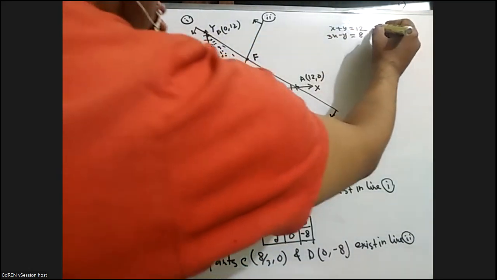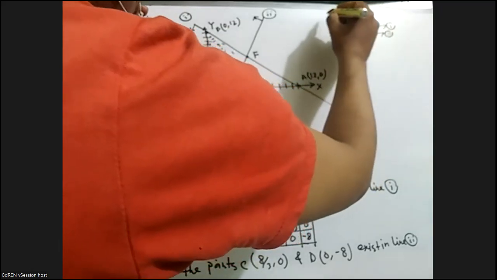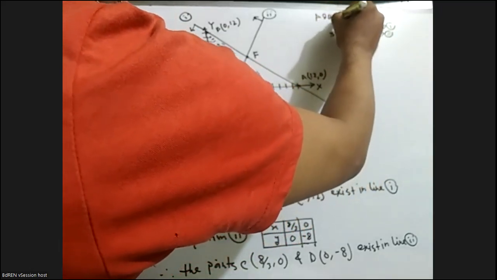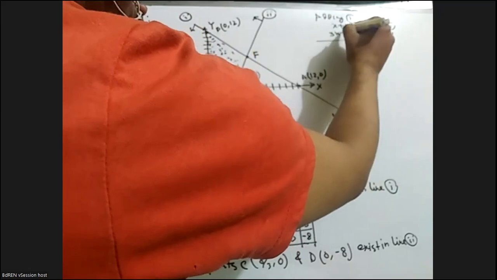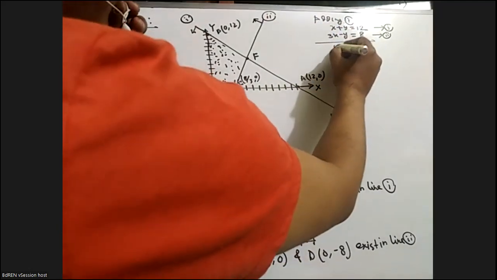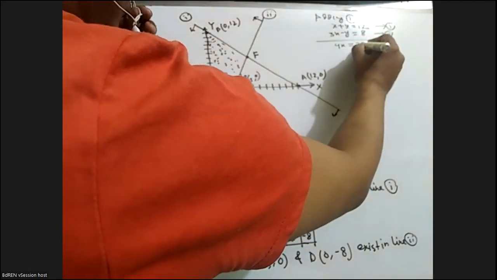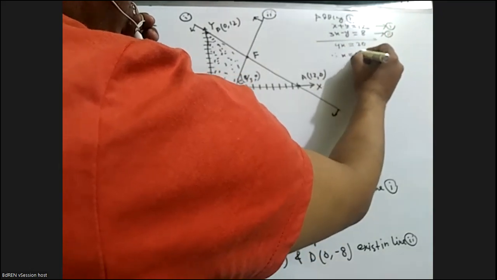So this was equation 1, and this was equation number 2. So adding 1 and 2, y will be cancelled. So we get 4x equals to 20. Therefore, x equals to what? 20 divided by 4, 5.